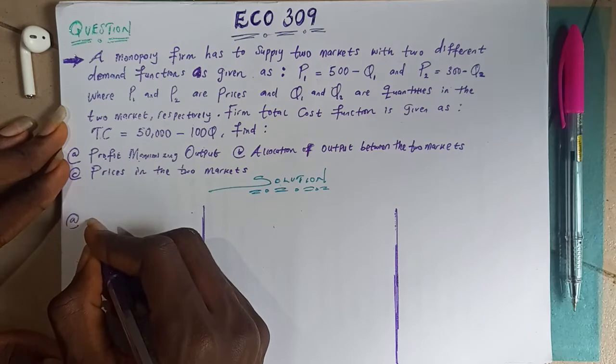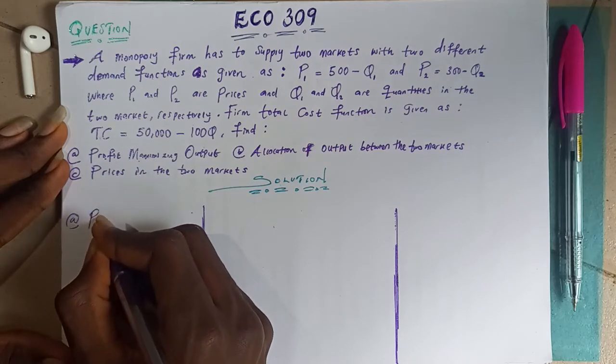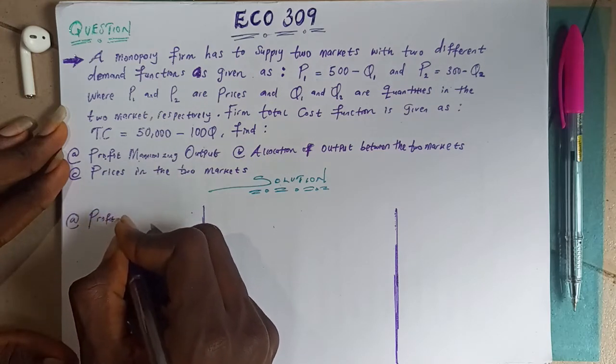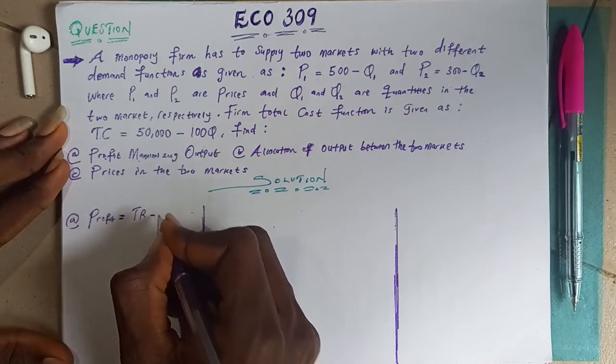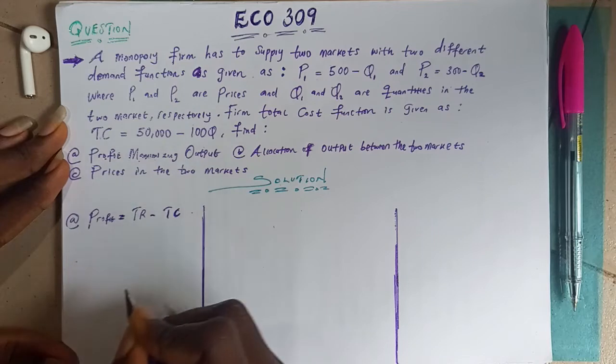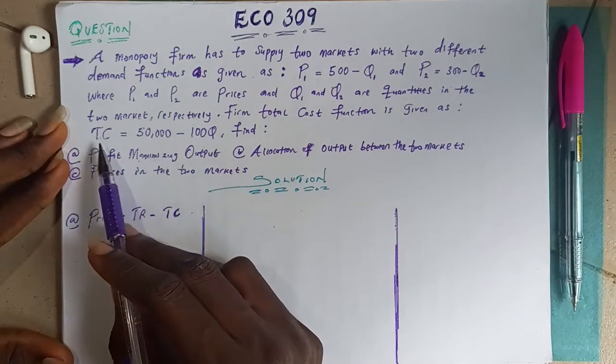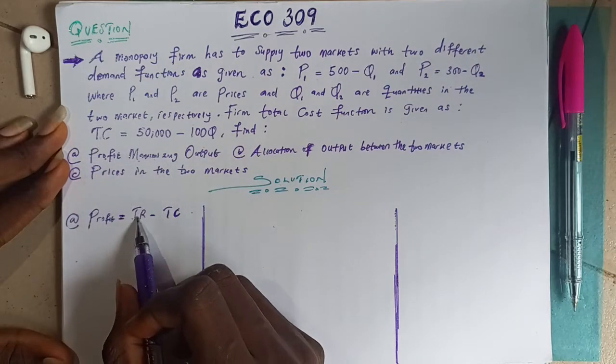So by formula, profit is always equal to the total revenue minus the total cost function. But in this case, I know what the total cost function is, but I don't know what total revenue is.